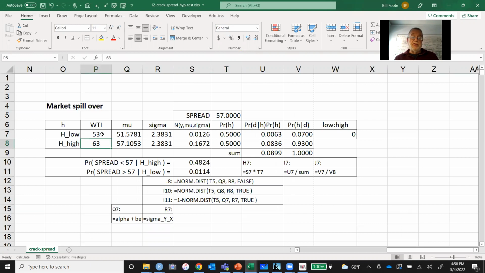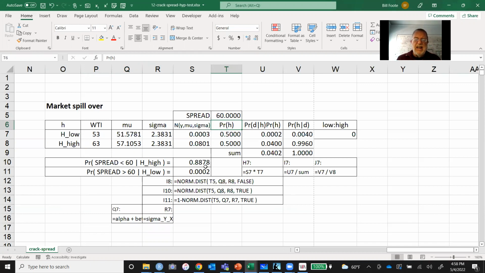Notice they're very similar to the size of the WTI, and that's because our prices are so high relative to that. Again, suppose we observe a 60 spread.